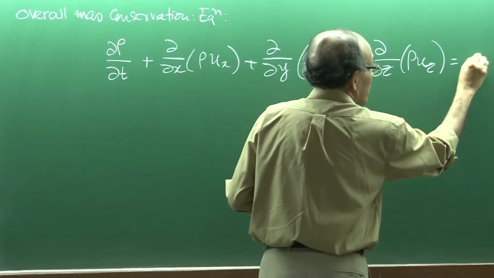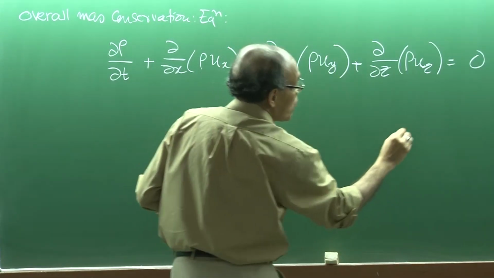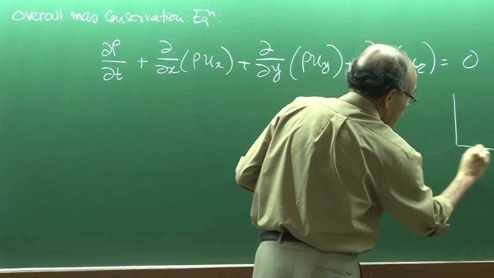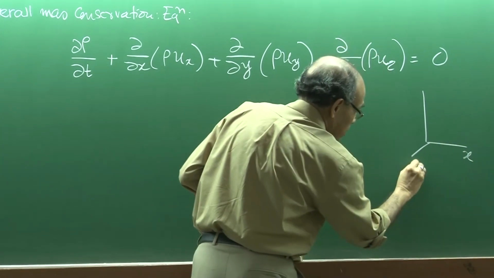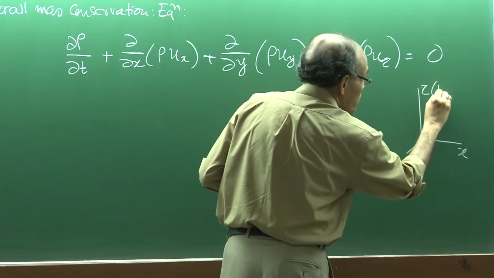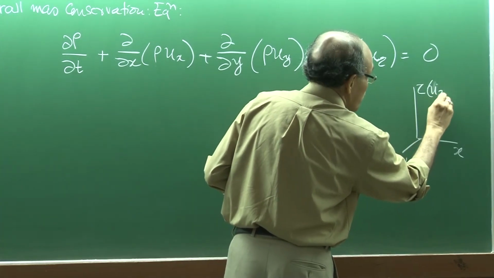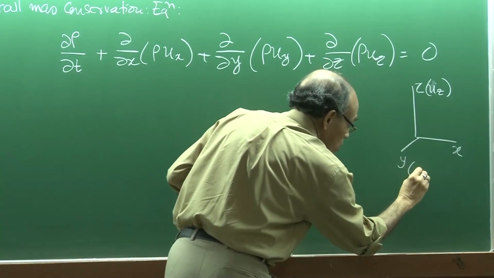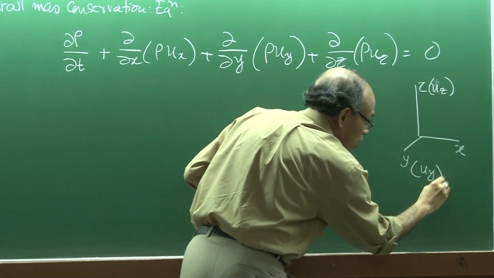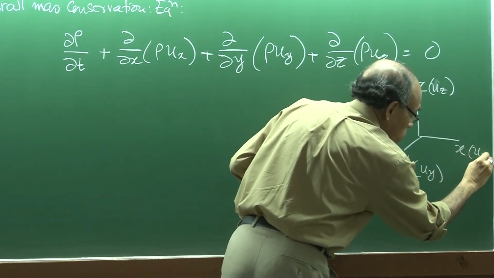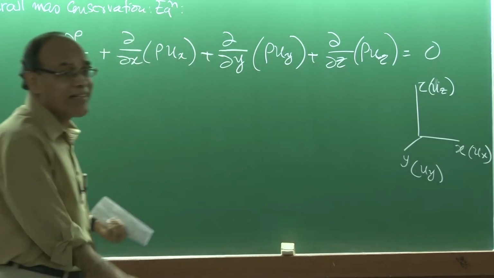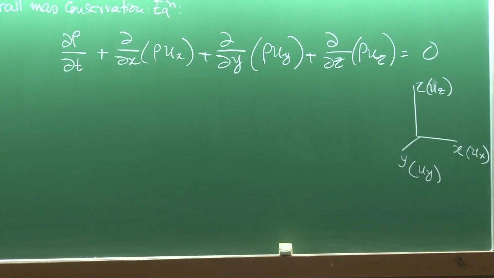So, that means we are talking about a coordinate system here, x, y, and z, such that Uz is the z component of velocity, Uy is the y component of velocity, and Ux is the x component of velocity. That needs to be specified so that there is no ambiguity.